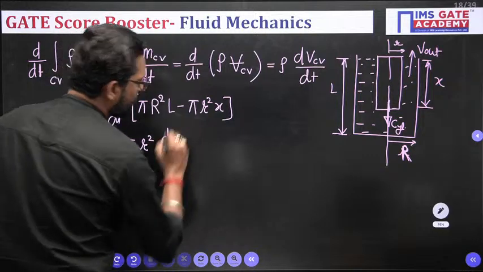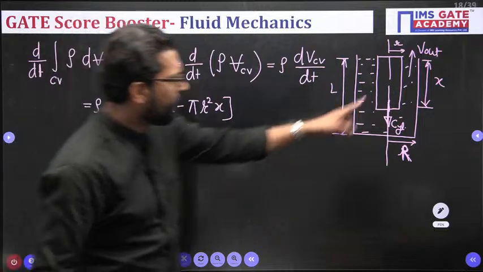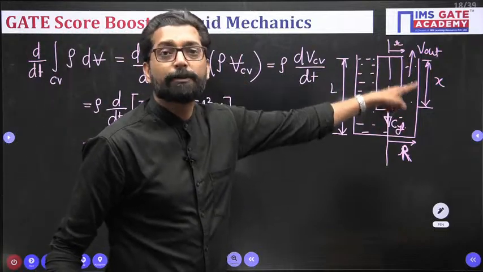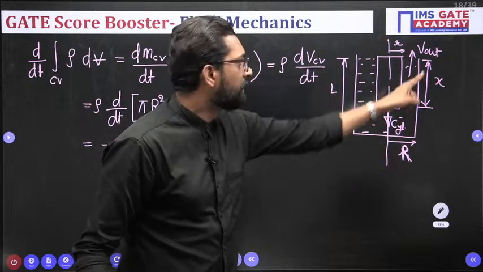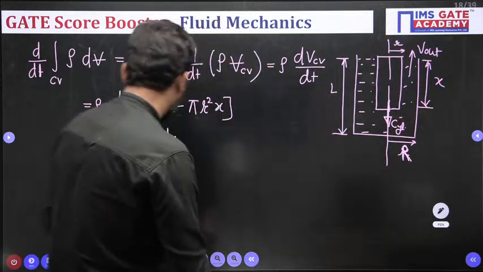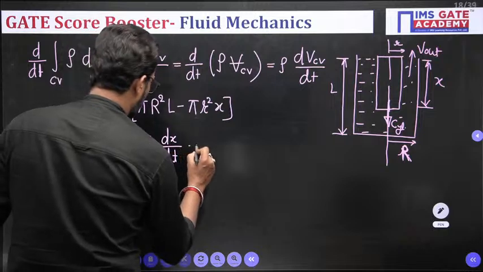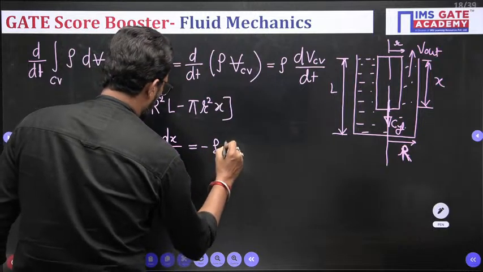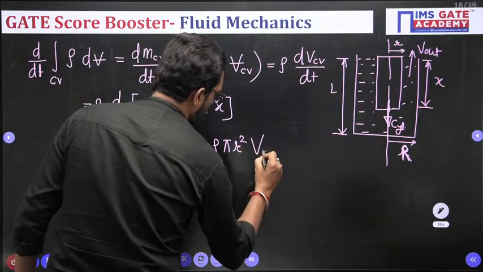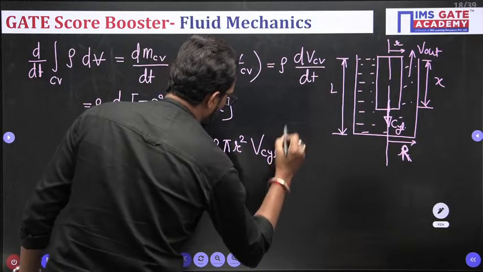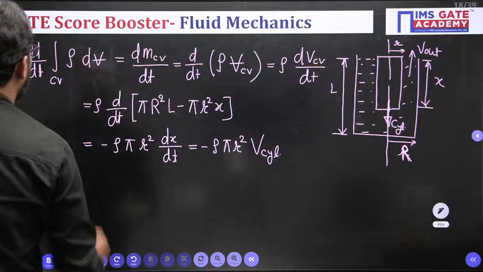And what is dx by dt? It is the velocity of the cylinder. So this is minus rho pi r square into velocity of the cylinder, which is the d by dt of the integral over the control volume.